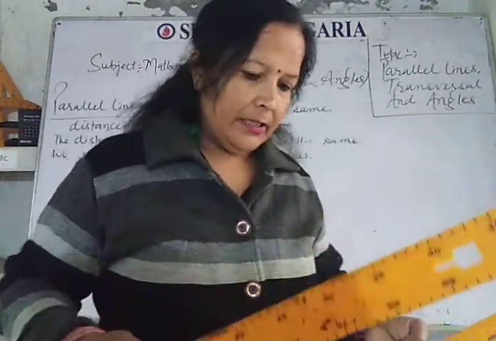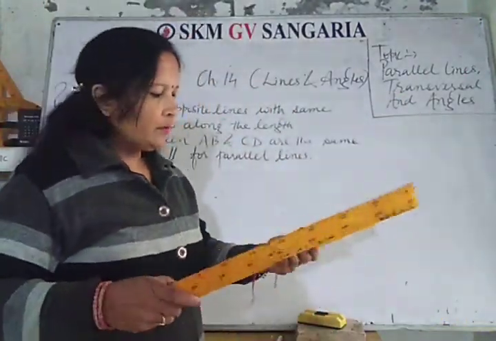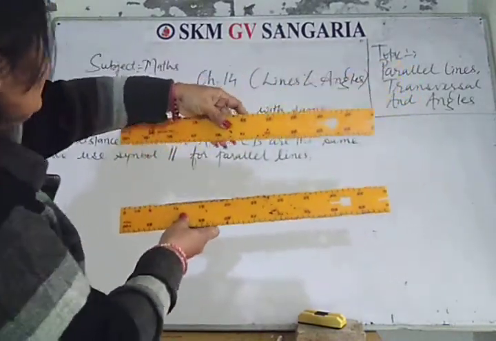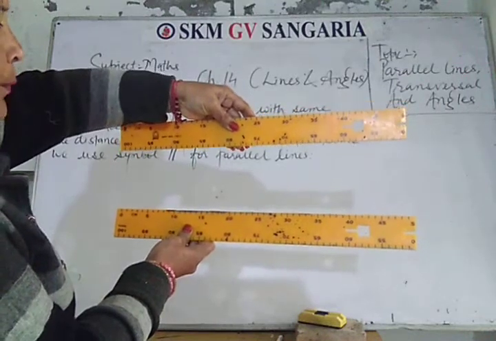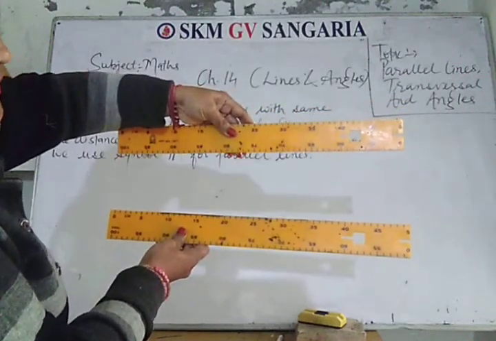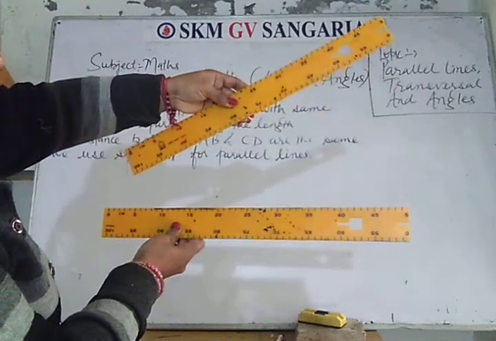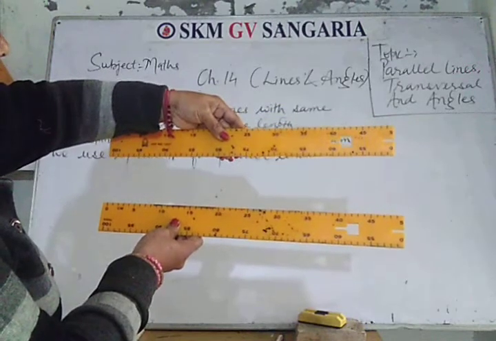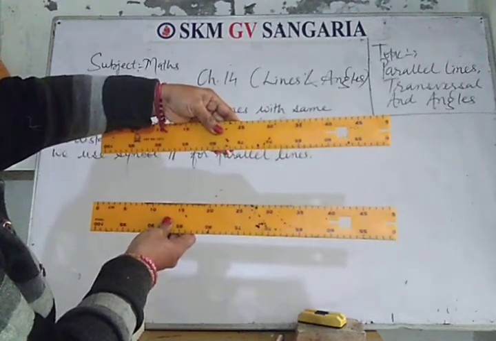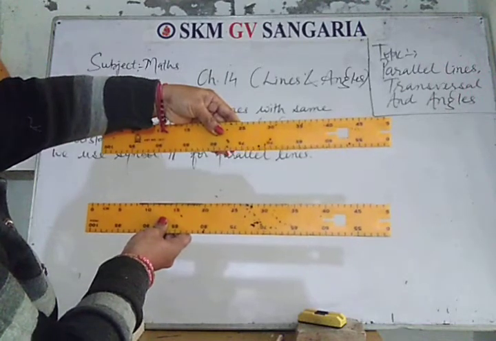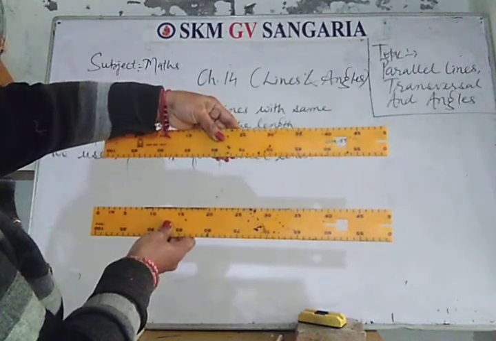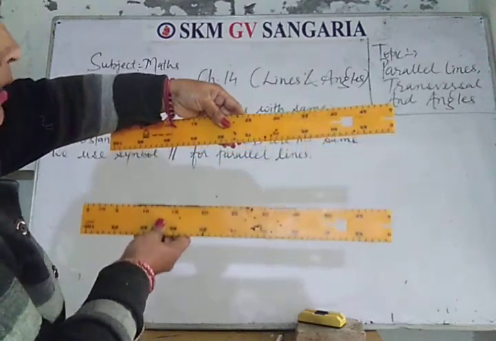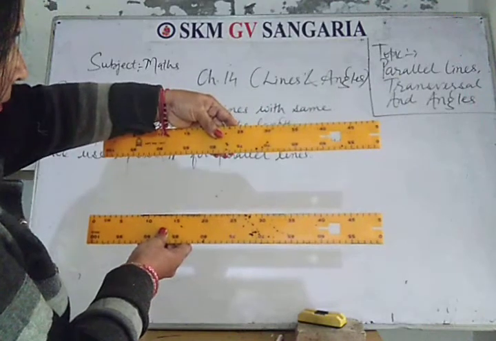If I take these two scales, suppose these are lines, these are opposite lines with same distances apart along the length. The distance between AB and CD is the same.